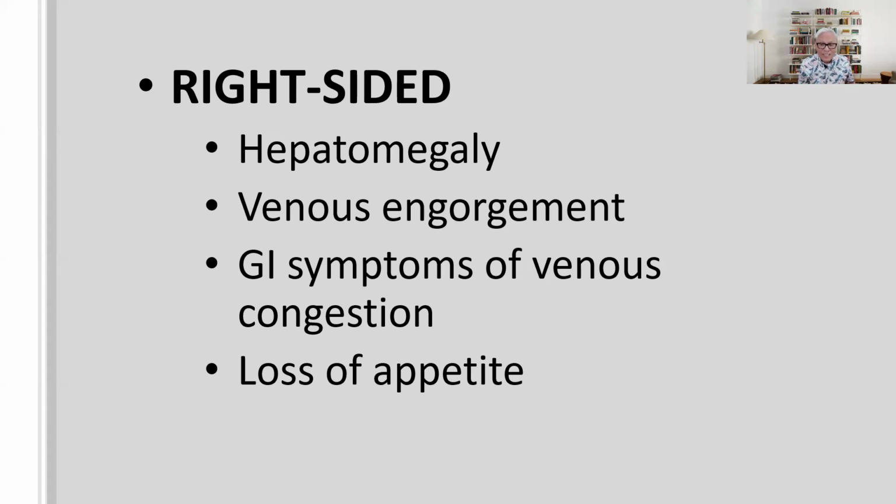And when it does that, it would cause GI distress. Loss of appetite actually could result from venous engorgement and stasis within the abdominal organs. So these are the most common signs and symptoms of right-sided heart failure.